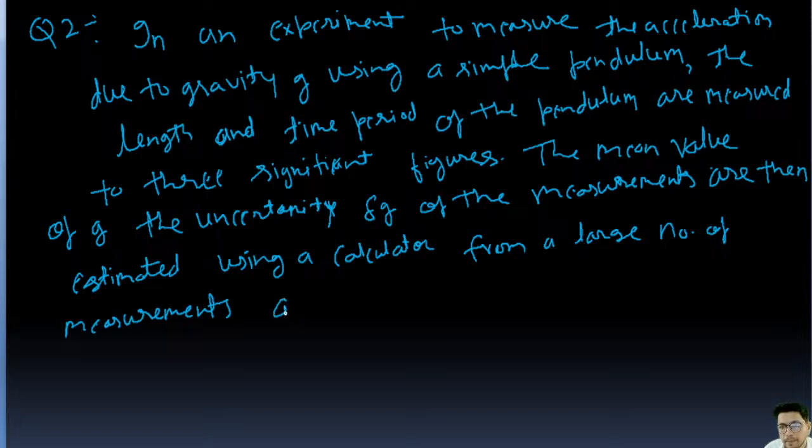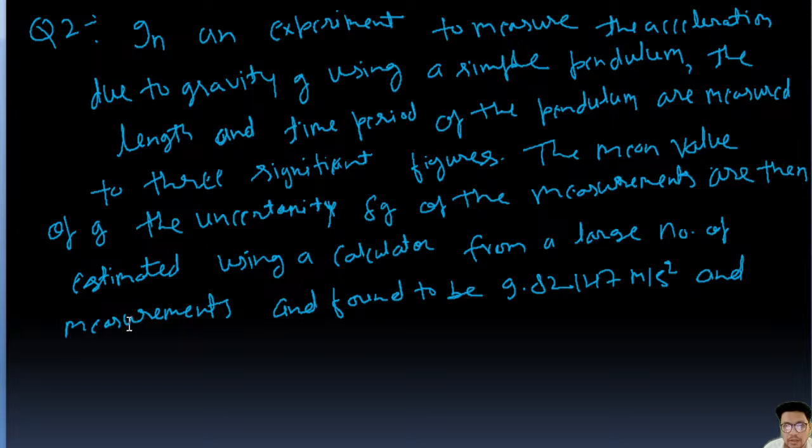and found to be 9.82147 meter per second square and 0.02357 meter per second square respectively.